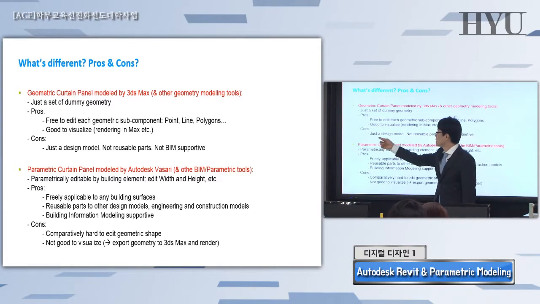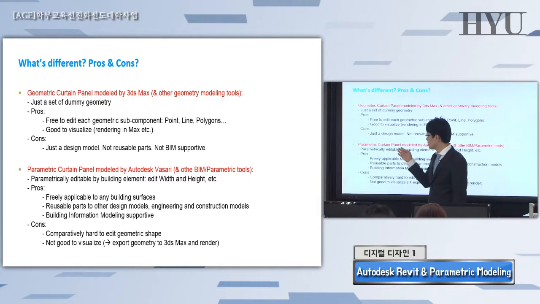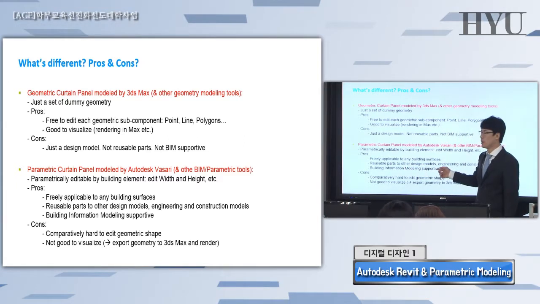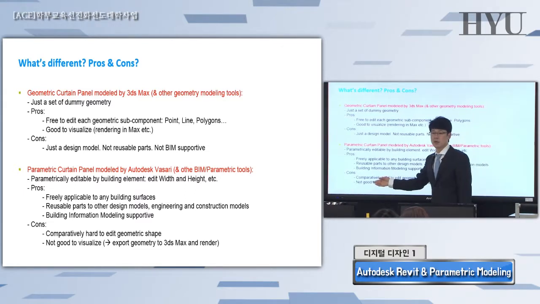But it is just a design model, not a reusable part. It's not BIM supportive. But the parametric model, the BIM model, is very freely applicable to any building, reusable and BIM supportive, a very smart way. But it's not easy to handle.